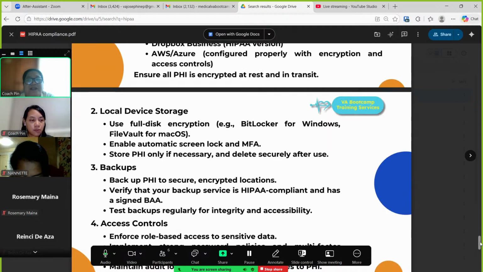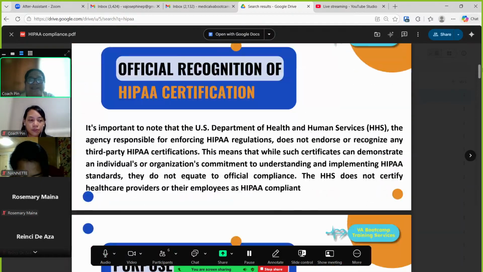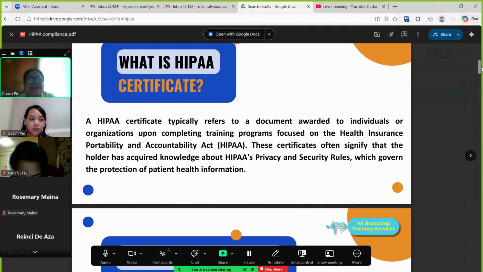All right, so I think this is the last topic for HIPAA compliance. Again, HIPAA is the Health Insurance Portability and Accountability Act. This one is very important for the security of our patients' details and records.